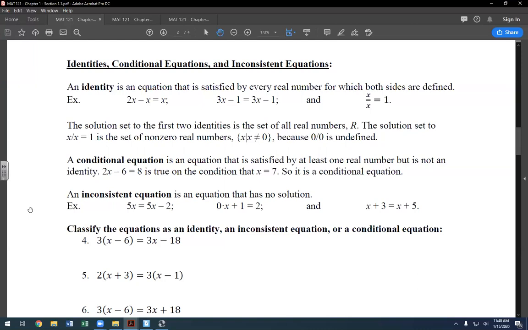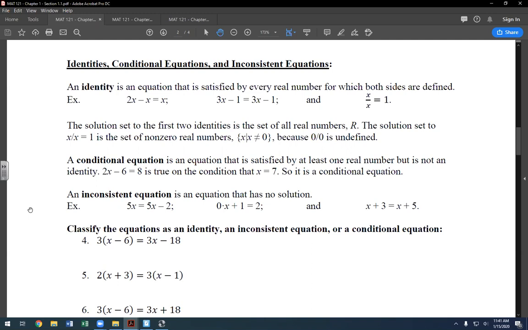Now your conditional equation, as the definition goes, is an equation that is satisfied by at least one real number, but it is not an identity, which means in an identity, I can use anything for x and it will work, right? In a conditional equation, we're saying it's not an identity, which means you just cannot throw any number in and expect it to work, but you should have at least one real number as part of your solution.